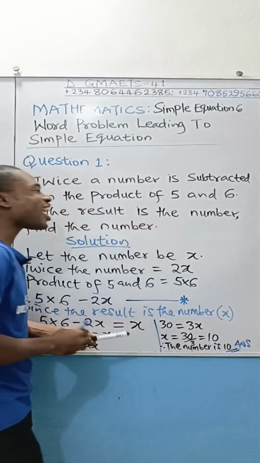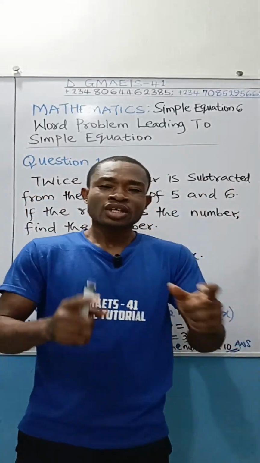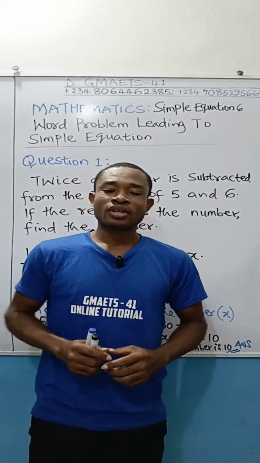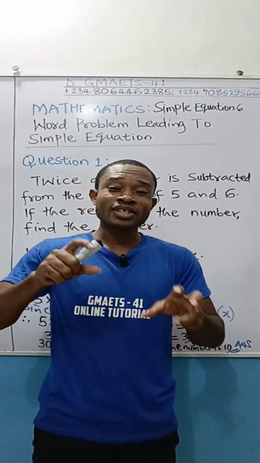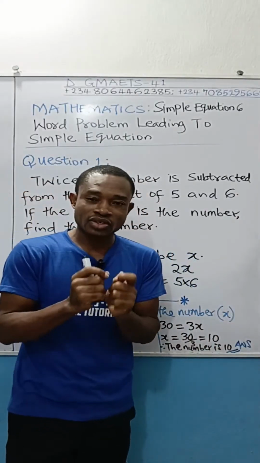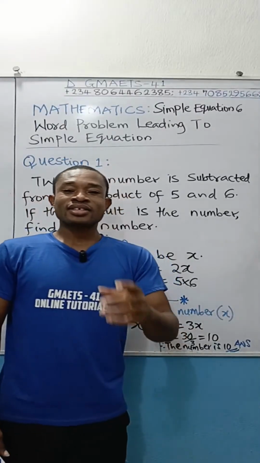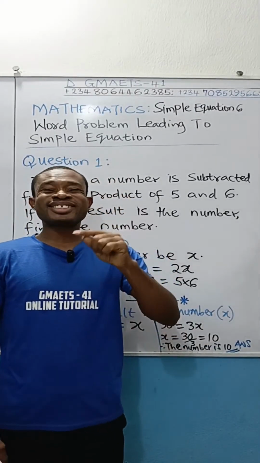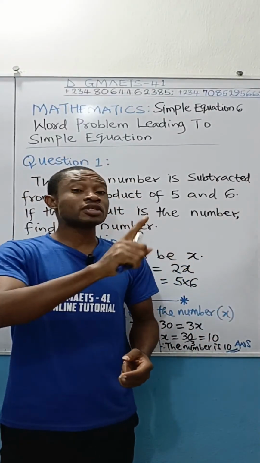So from this question, we are told twice the number is subtracted. That number you multiplied by 2 and then subtracted from... Listen, dear friends, as you're in basic level learning like this, there are important mathematical terms and words you should get used to. If I tell you that 20 is subtracted from 50, the way you write it is 50 minus 20.